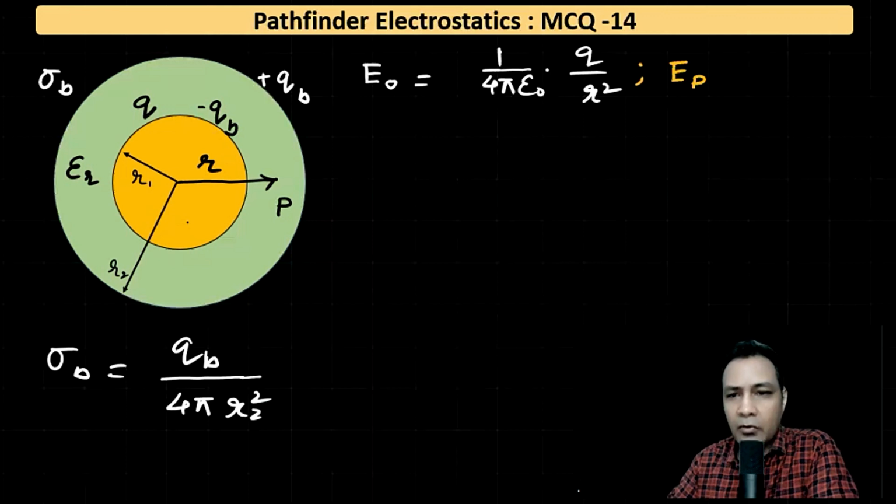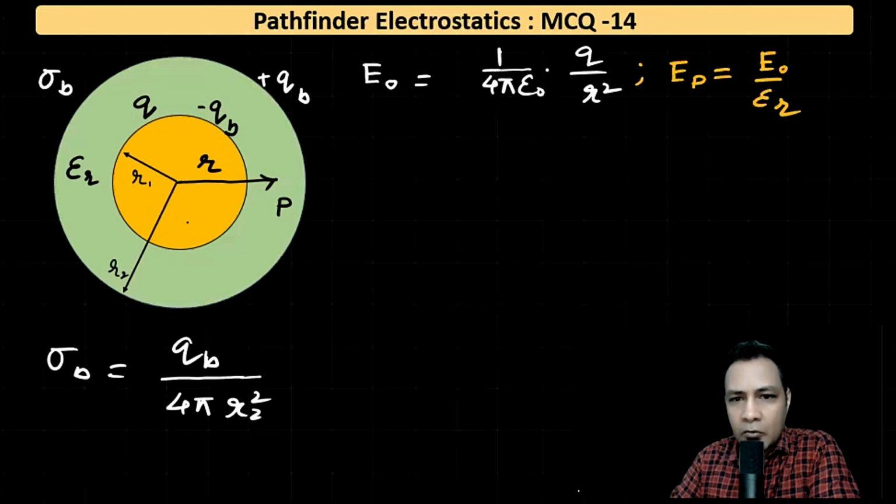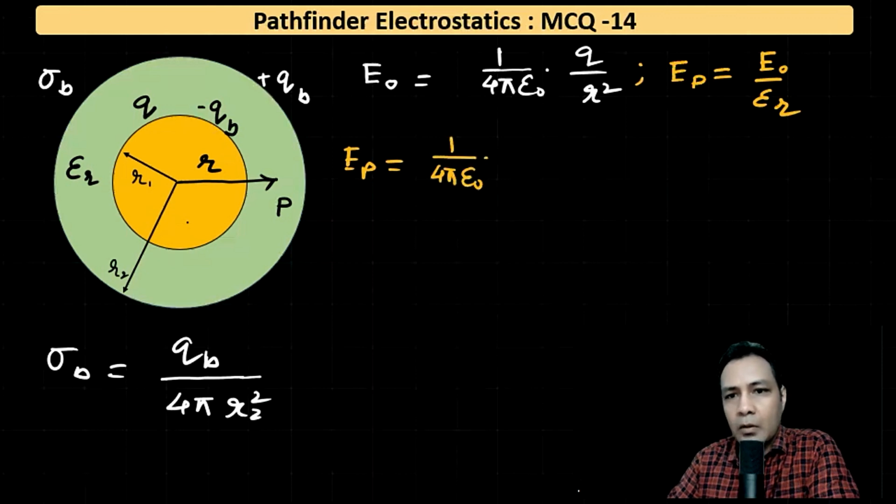So the electric field at P when the dielectric is there would be the electric field in the absence of dielectric, that is E naught, divided by epsilon R. So E at P is equal to, putting in the value of E naught, 1 over 4 pi epsilon naught, divided by epsilon R also, into Q by R square.